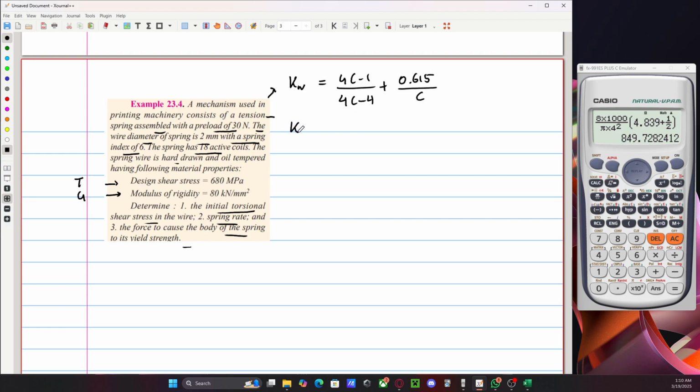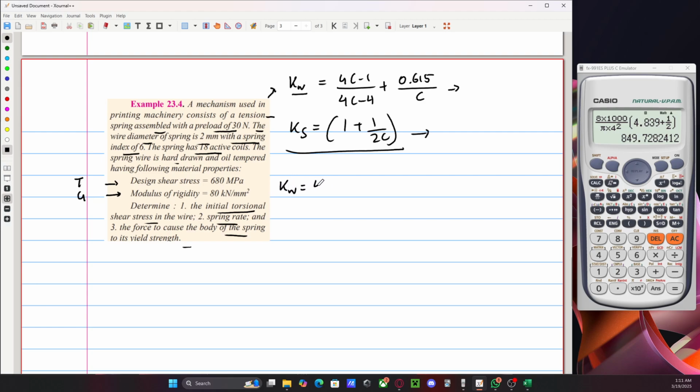Now if you remember, Ks is just 1 plus 1 over 2c. These will just give you a number. It doesn't matter what K value you use. He will specify it. But for this sake, let's use Kw just to make it a bit different, because in an exam, he will make it a bit different.